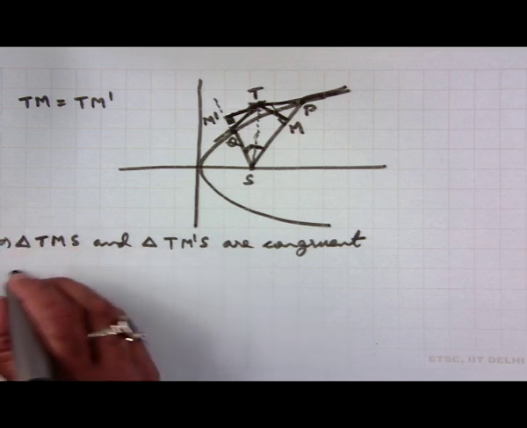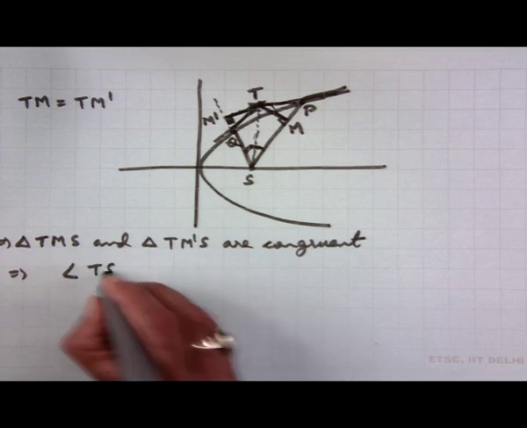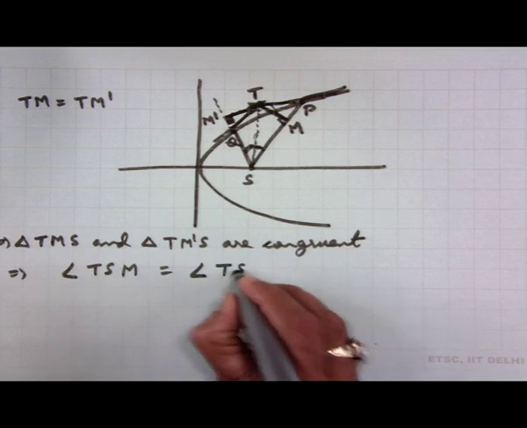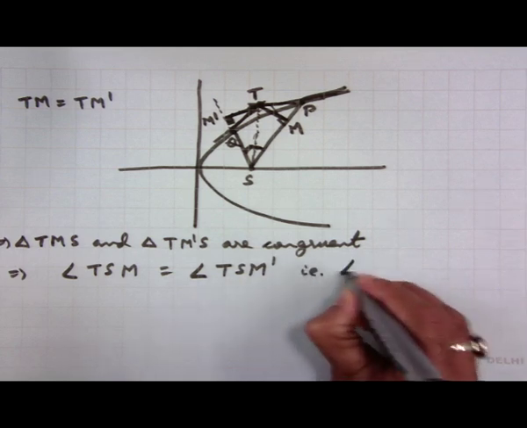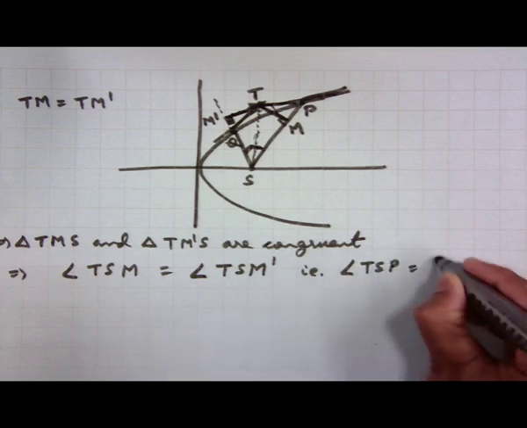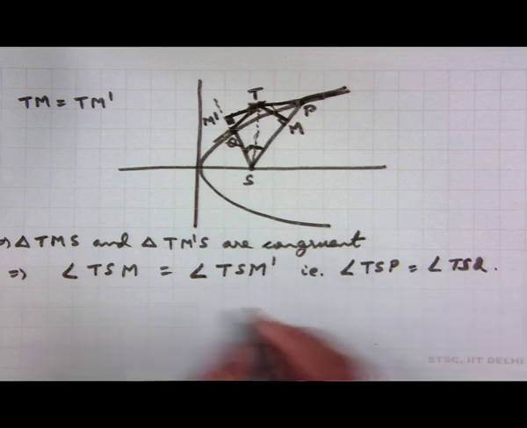So, this implies angle TSM is equal to angle TSM dash. That is the same thing as saying the angle TSP is equal to angle TSQ. This proves 1.